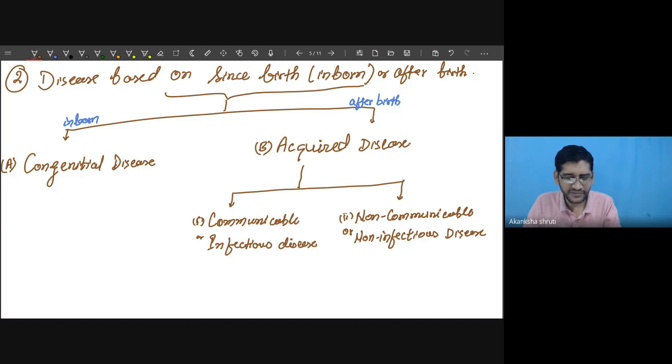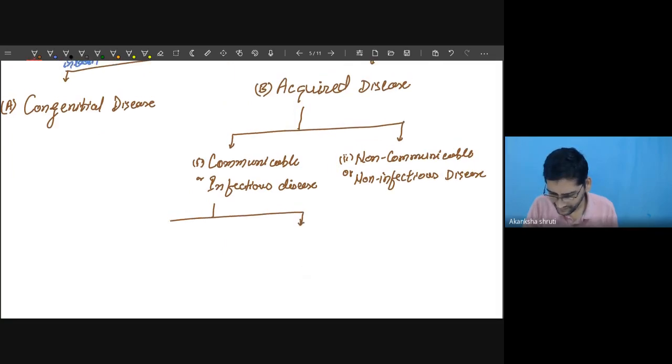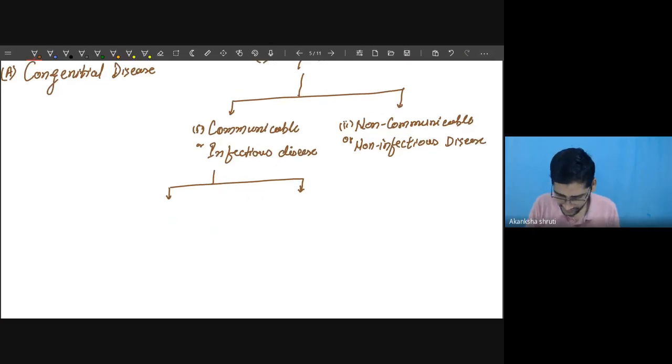So this communicable disease may be by direct transmission or indirect transmission. This we will also see. We may further write it as A and B. It is called direct, and this is also called transmittable, meaning it gets transmitted.